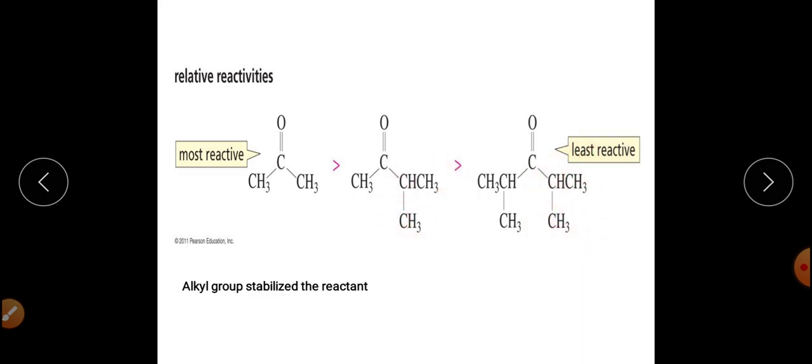This is one of the isopropyl group. So we can say that out of these three ketones, acetone is most reactive. Reason being, the steric hindrance in acetone is very less as comparison to these two ketones.